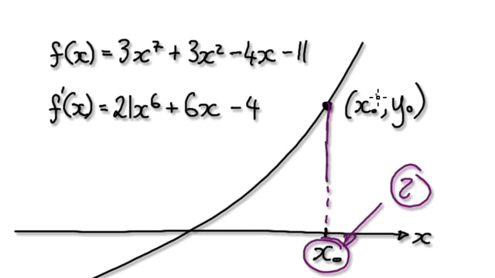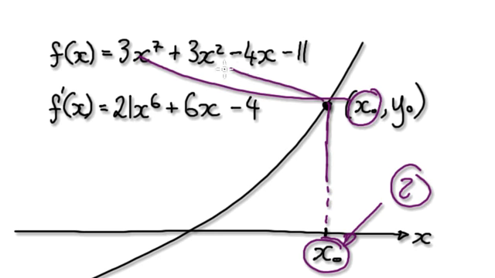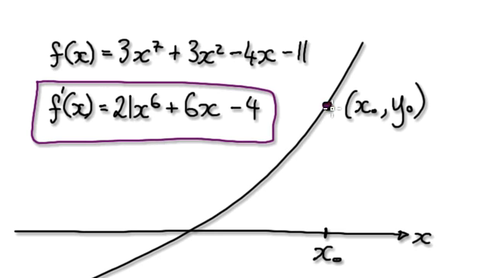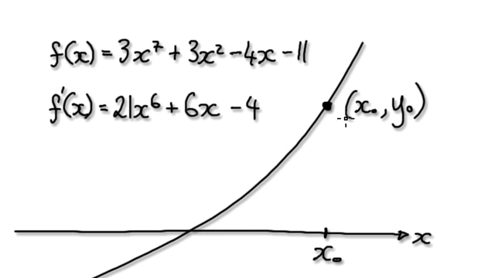So the coordinates here would be x0, and then we would put this into here. That will then give us y0 here, and then we would then differentiate it. That will then give us a gradient. So now we know a particular point, and we know the gradient at this point here. So we can draw the tangent line here.